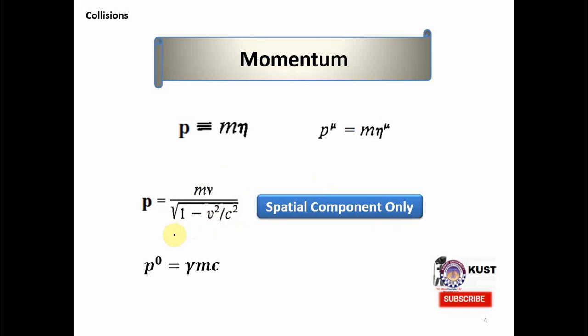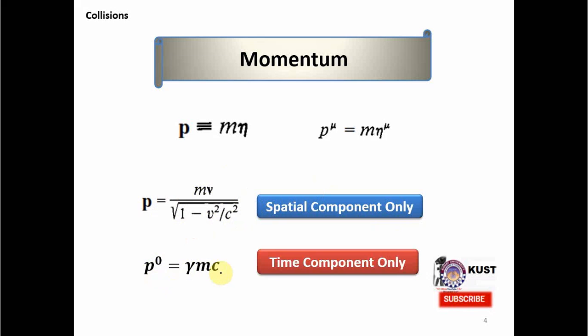And the time component p0, you can see it's gamma mc, and it is the time component of the momentum. So in this way we have constructed the proper momentum with the help of this new velocity, proper velocity eta, and this is the 4 vector notation for this momentum. And then we can see both its spatial component and the time component.